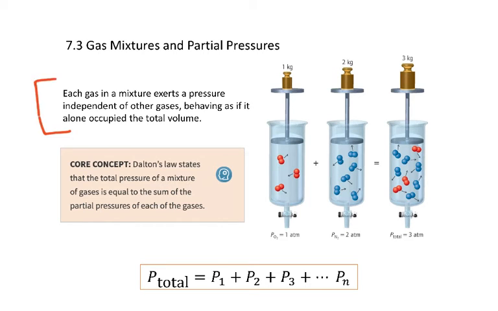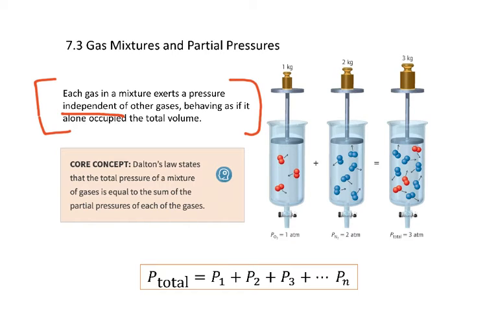As I was just saying, each gas in a mixture exerts a pressure independent of the other gases, right? The kinetic molecular theory tells us that gas particles do not interact with one another. There are no intermolecular forces of attraction between them. They're just flying through the container, in straight lines, really fast, randomly.